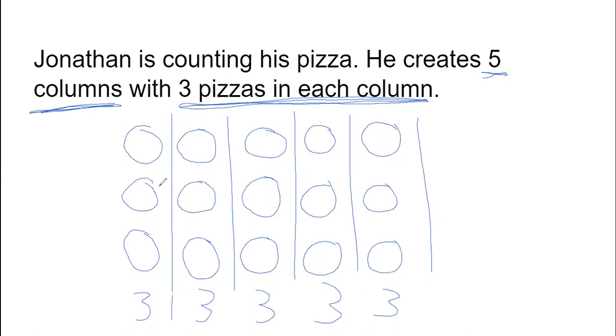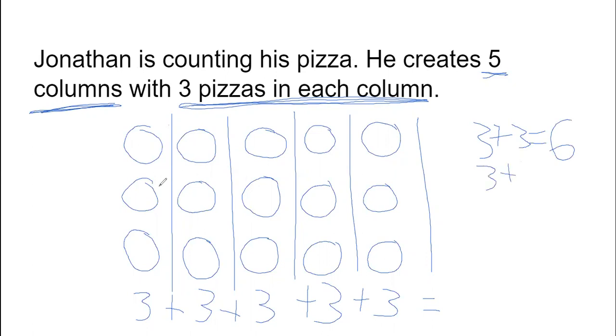And to turn that into an equation, I put a plus sign in between each of the 3's. 3 plus 3 plus 3 plus 3 plus 3. So here's where I can skip count by 3's to find my sum, or I can do some doubles adding. I know that 3 plus 3 is 6.